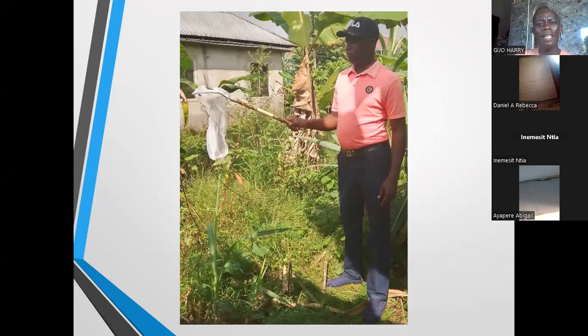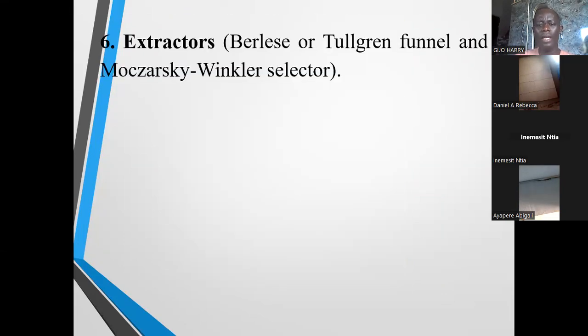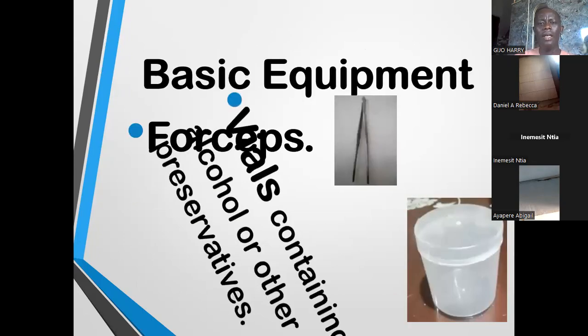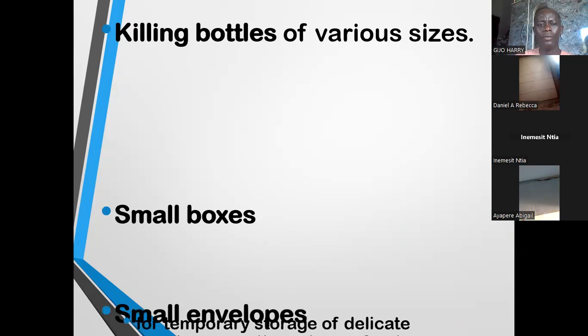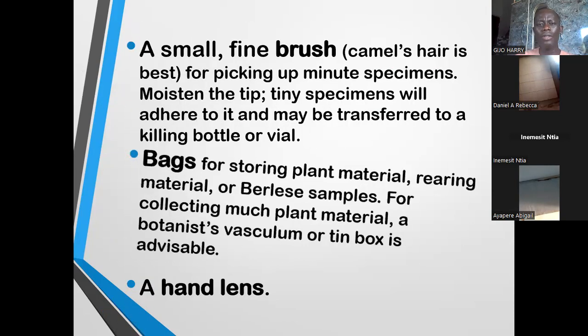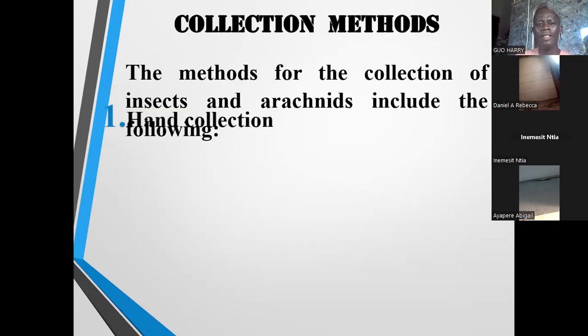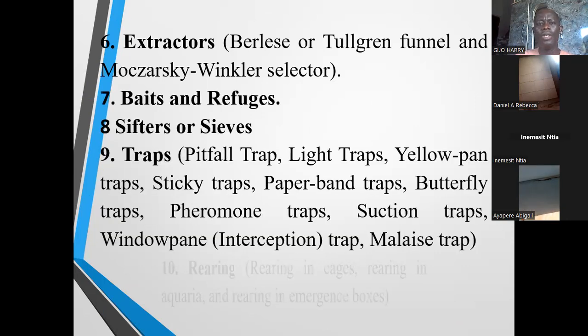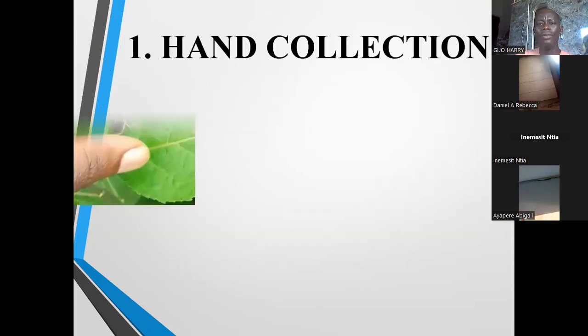We have looked at hand collection, that you can use your hand to collect slow-moving insects. And we also looked at the use of aspirators, which are suction devices used to collect insects and arachnids.